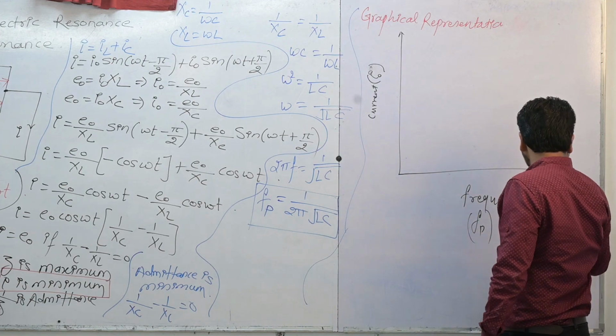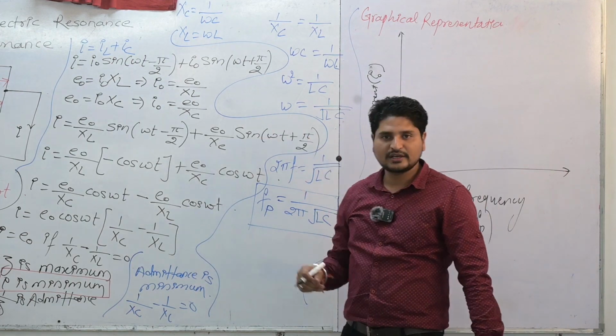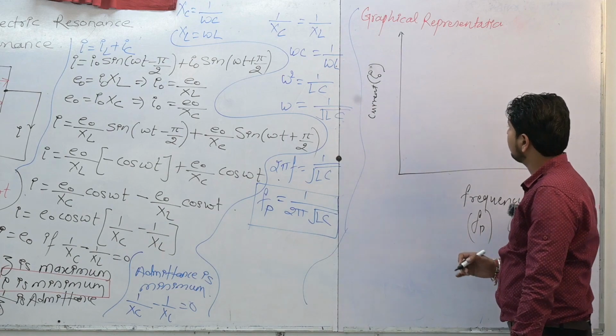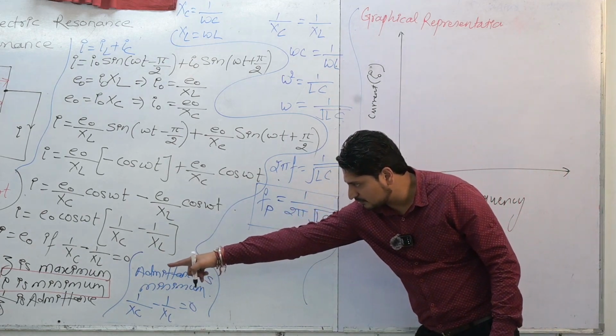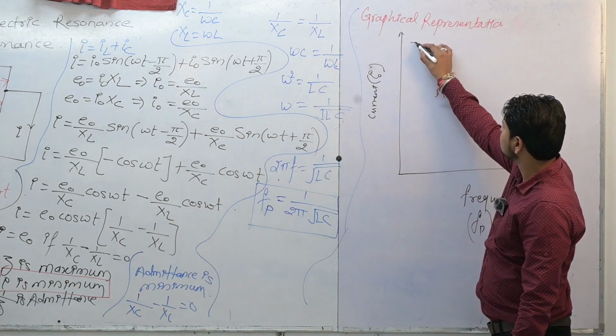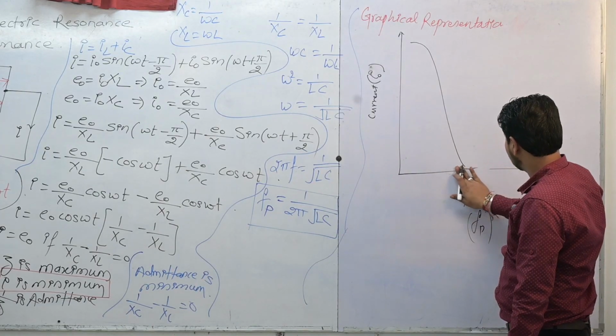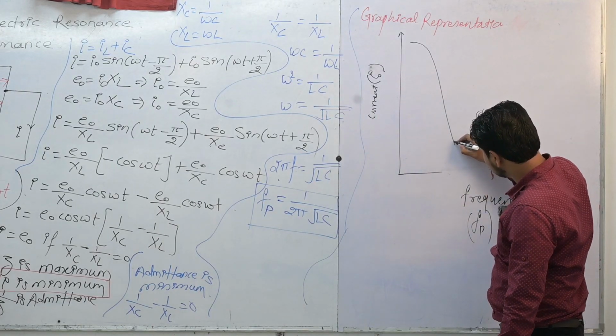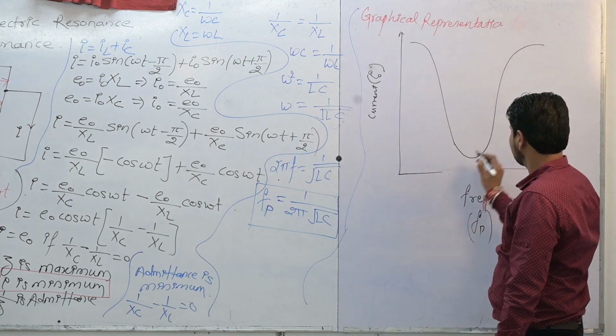This frequency will be f suffix p, because we are taking it for parallel resonance, and for parallel resonance the current is minimum. For minimum current, it starts from maximum and goes like this.